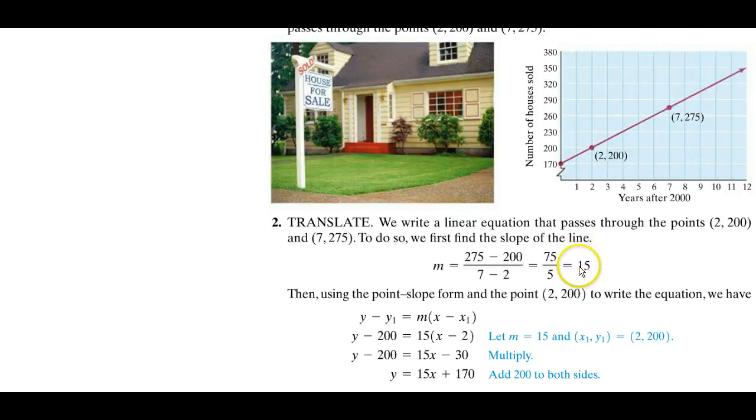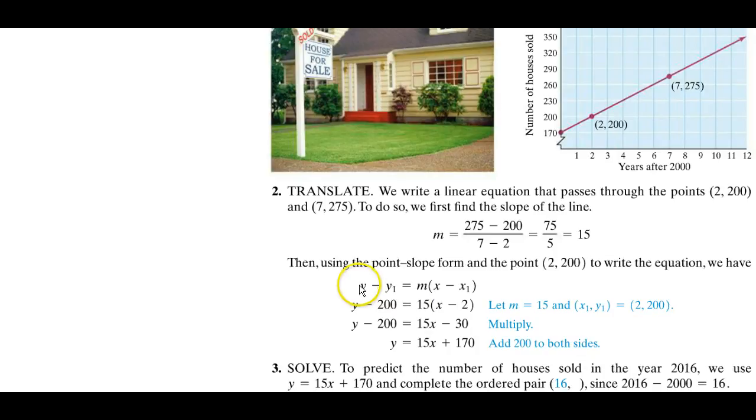Then, taking this as the slope and using, in this case, this set of data for our single point, we are able to put it in point slope form and come up with an equation for this particular line.